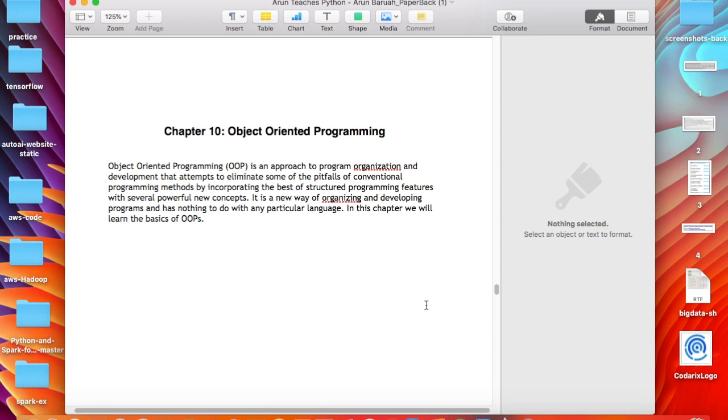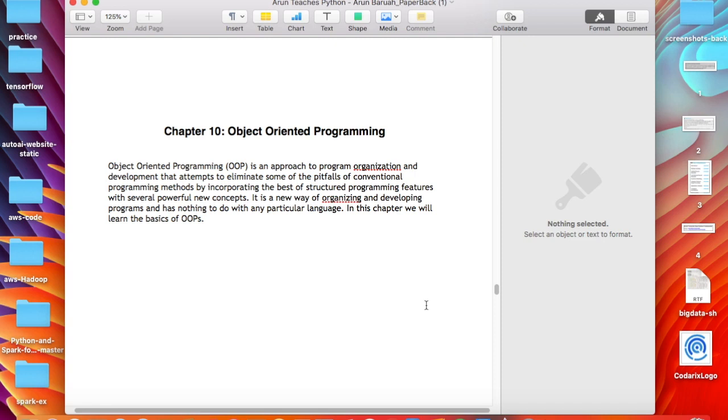Object-oriented programming is an approach to program organization and development that attempts to eliminate some of the pitfalls of conventional programming method by incorporating the best of structured programming feature with several powerful new concepts.